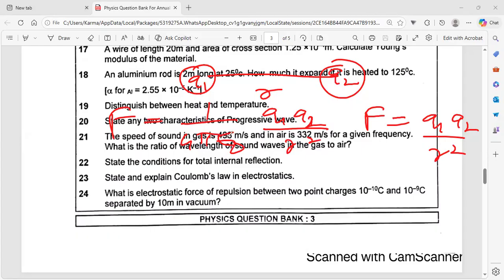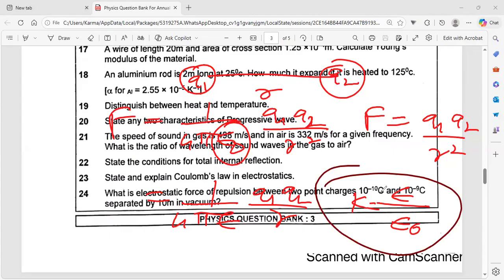This epsilon represents the quality of a particular medium. Epsilon 0 is meant for vacuum. In case of any other medium, it is given by 1 upon 4 pi epsilon Q1 Q2 over r square. Now, the permittivity of any particular medium to the permittivity of free space is called the dielectric constant.